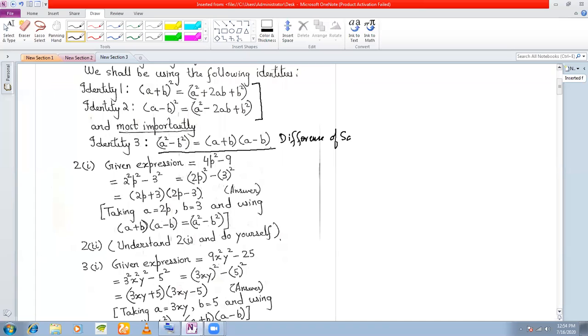It's a very important identity for factorization. Mainly your sums are based on this. These two come definitely, but these two are not as much used as the difference of squares identity. So we'll be using this identity.